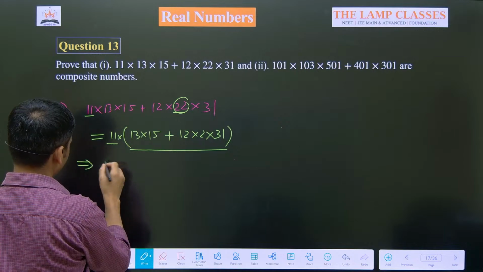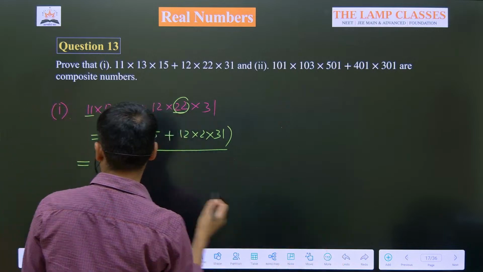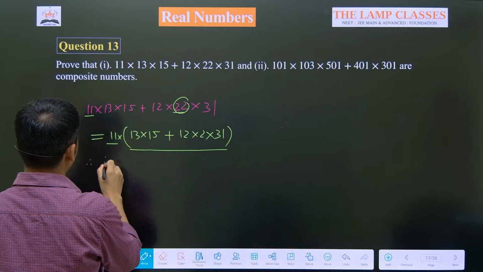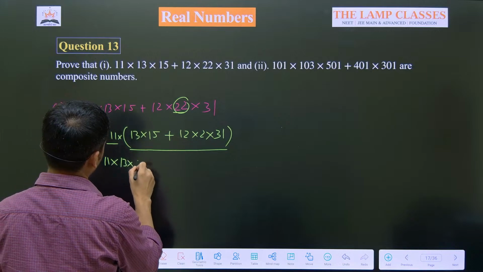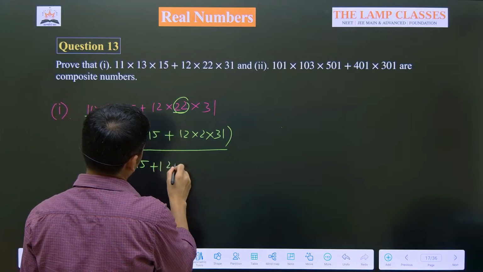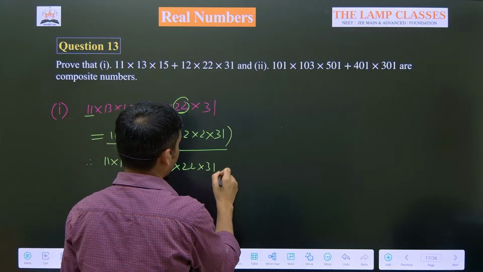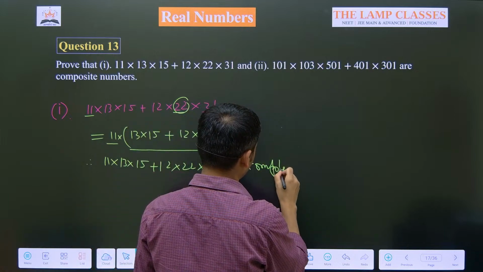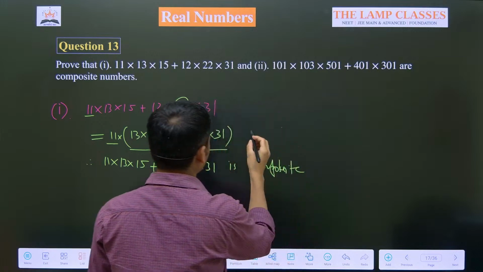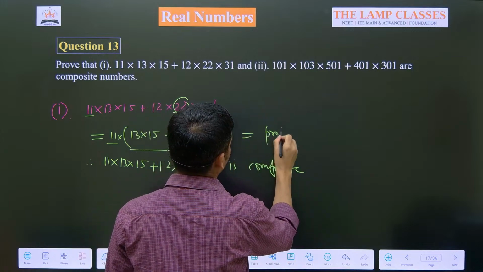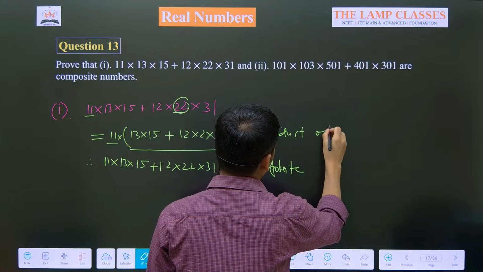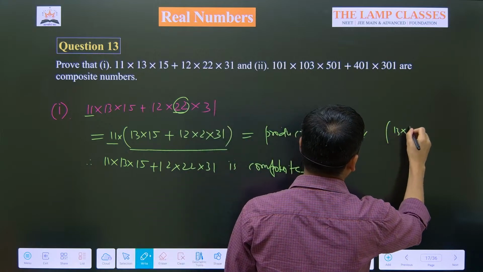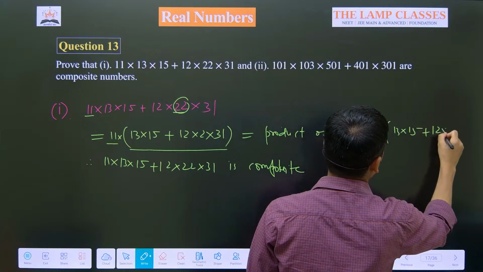Clearly, therefore, 11 times 13 times 15 plus 12 into 22 into 31 is composite, which is the product of 11 and 13 into 15 plus 12 into 2 into 31.